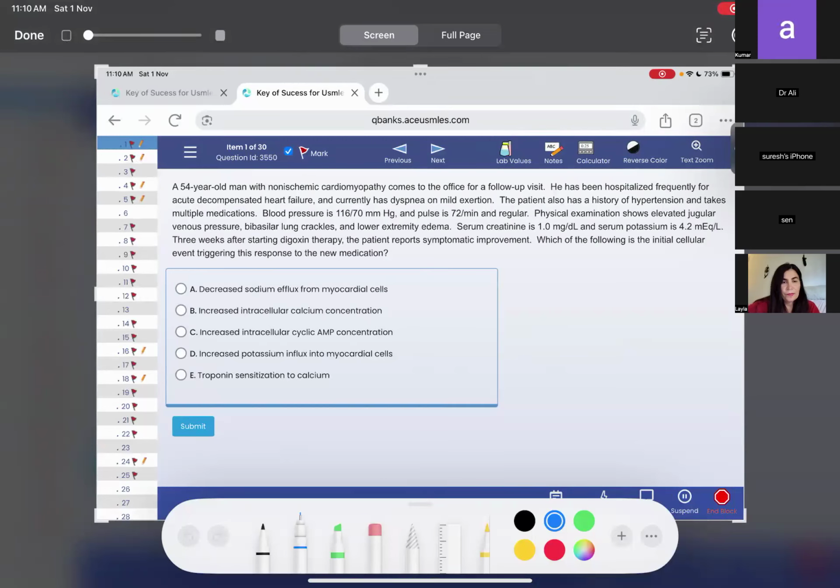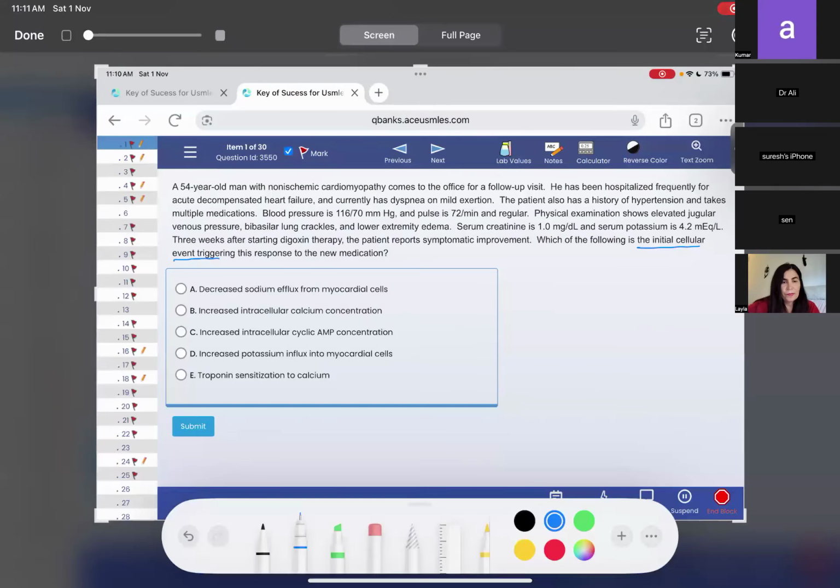Which of the following is the initial cellular event triggering this response to the new medication? A 54 year old man with non-ischemic cardiomyopathy comes to the office for a follow-up visit. He has been hospitalized frequently for acute decompensated heart failure and currently has dyspnea on mild exertion. The patient also has a history of hypertension and takes multiple medications. Blood pressure is 116/70 and the pulse is 72 and regular.